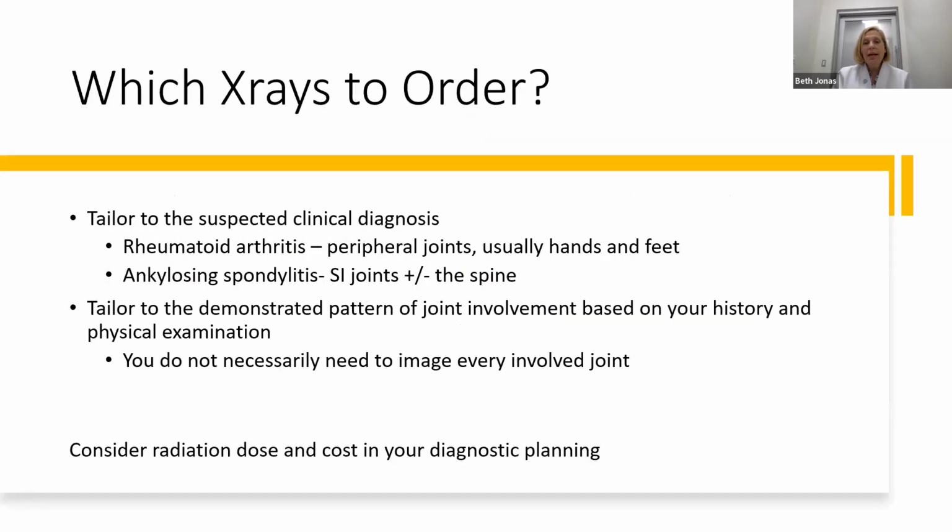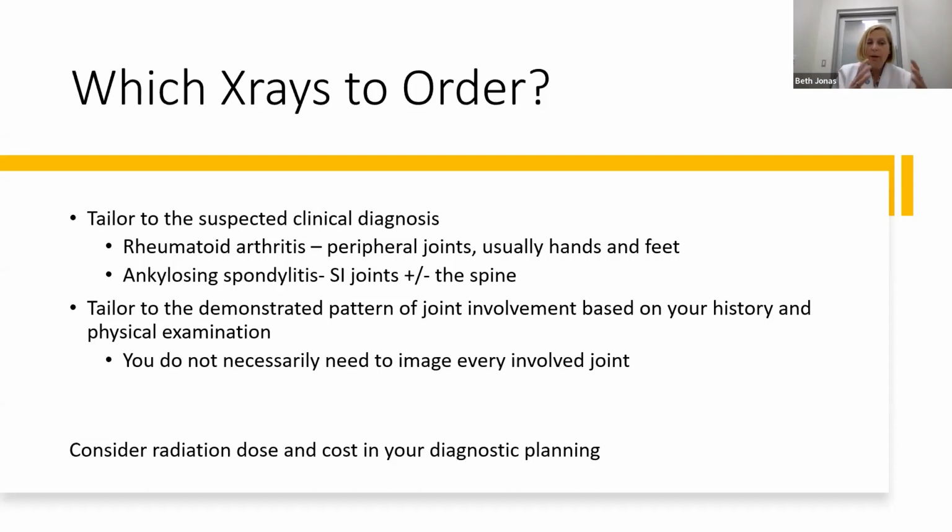So one of the questions that I get all the time is, patient comes to you with musculoskeletal pain, which x-rays do we order? You do not necessarily need to image every involved joint. This is ridiculously expensive and has a lot of radiation exposure. So you want to tailor your ordering to the suspected clinical diagnosis. So if you're suspecting rheumatoid arthritis, the patient has peripheral joint disease, small joints of the hands and feet, you're going to want to x-ray the hands and feet.